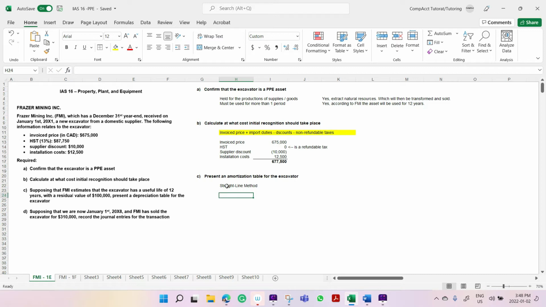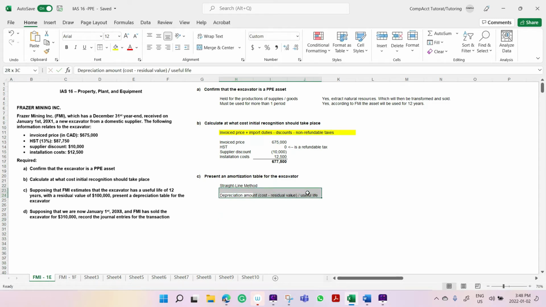Okay, so with the straight line method, what's our equation for those situations? We're looking at the depreciation amount, which is the cost minus the residual value, and we want to divide that by the useful life of the asset. That's our formula.